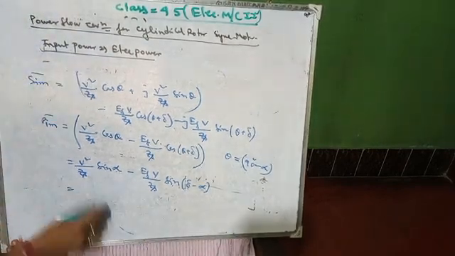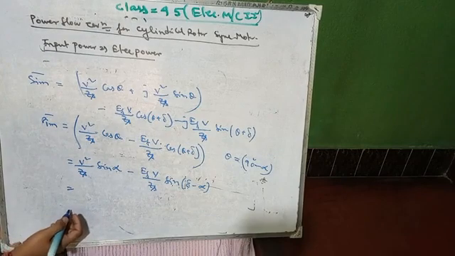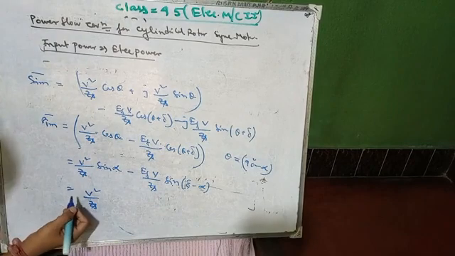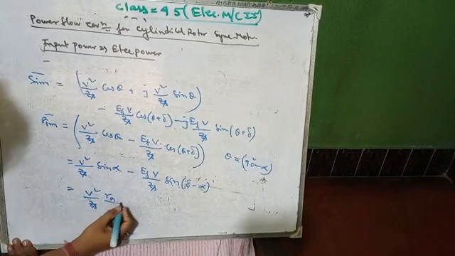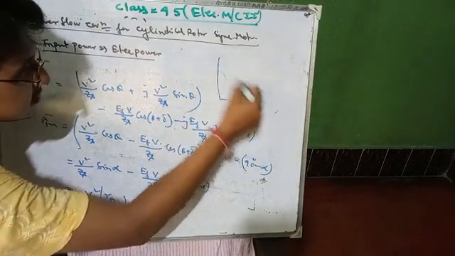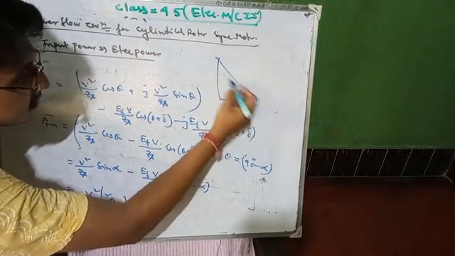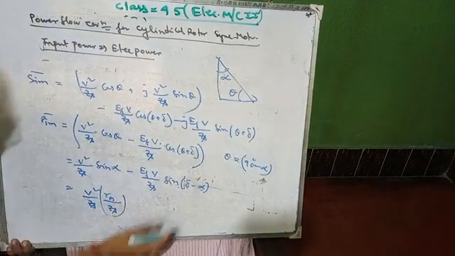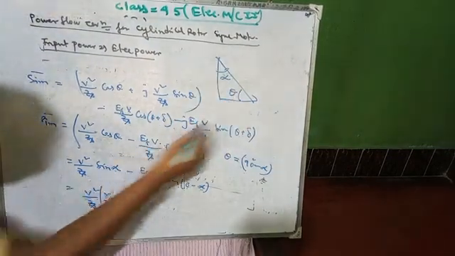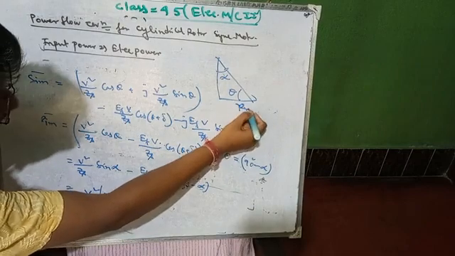From the impedance triangle again, V square into sine alpha equals how much? Sine alpha equals RA by ZS, because from this impedance triangle, if theta is this, this will be alpha, so this one equals RA.